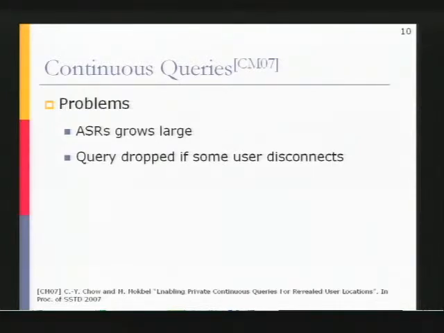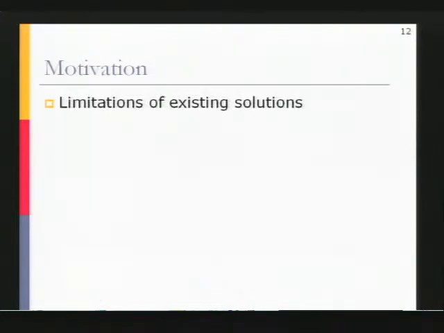So, with all these things discussed, can anybody help me summarize what are the motivations behind our work? Why do we want to have a new method? So what are the problems that we have seen? No?